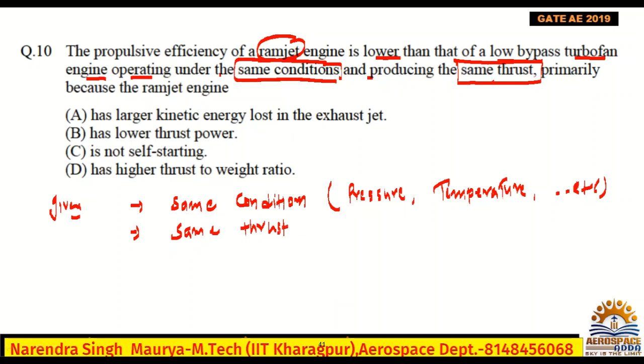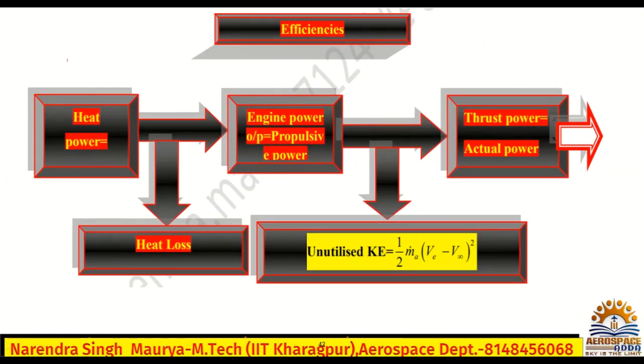So to understand the propulsive efficiency of the ramjet engine, we need to go through this efficiency chart basically. So here we have segments of the power or energy for the engine. Like what is the heat input, or what is the heat power or power input, what is the power output, so that we can find what is the efficiency.